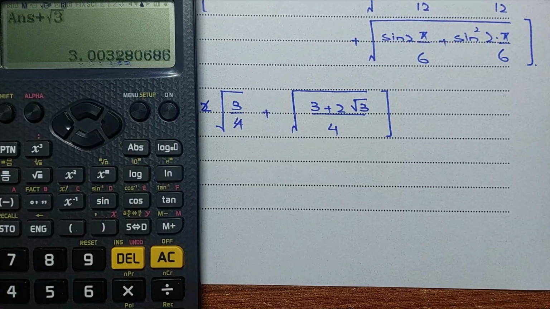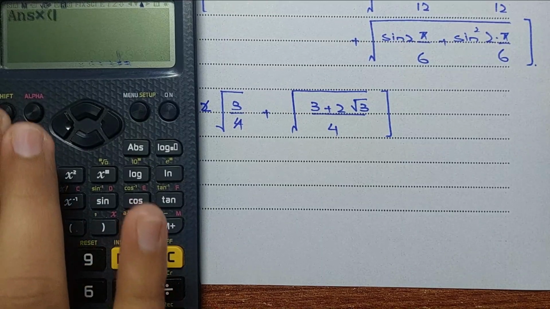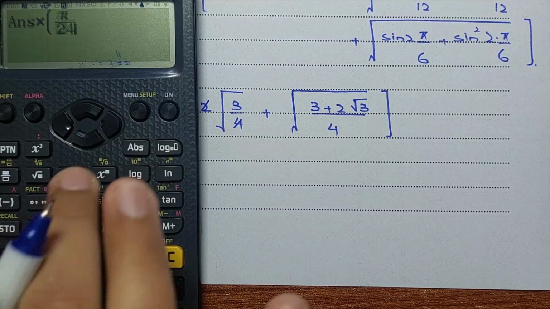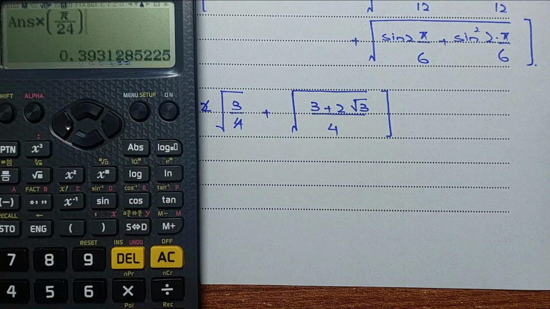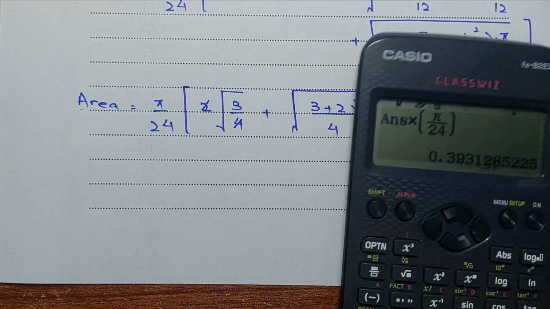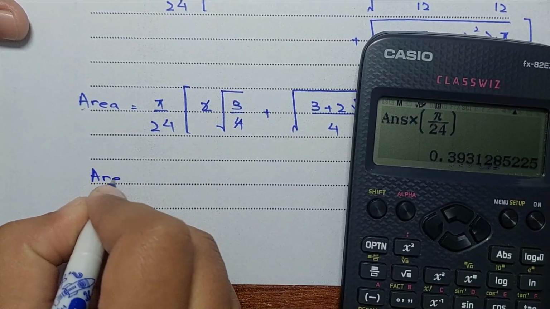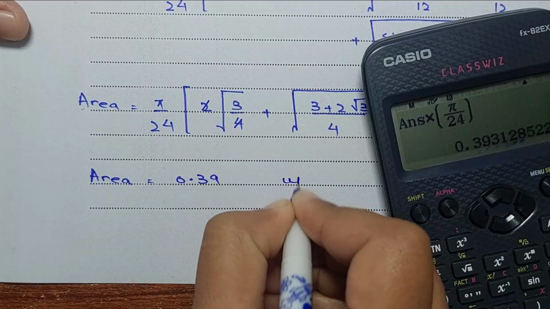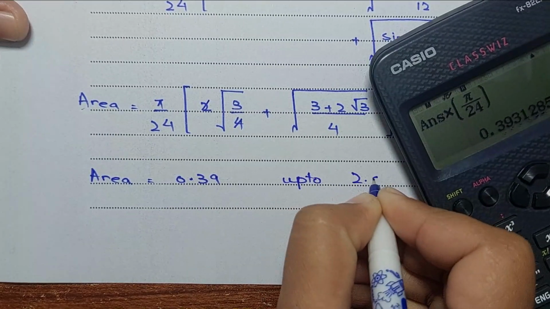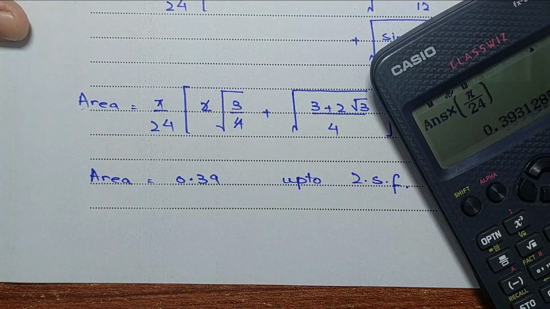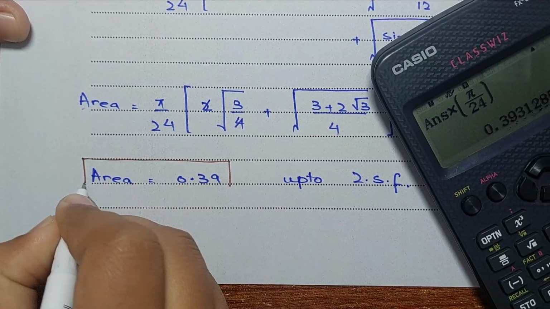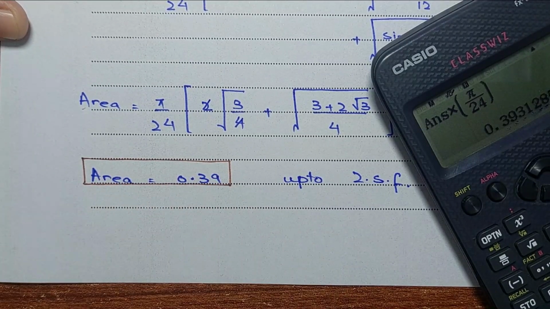The square root of 3 multiplied by pi by 24 gives 0.393. So the area up to two significant figures is 0.39. This is the answer for the shaded area by using the trapezium rule.